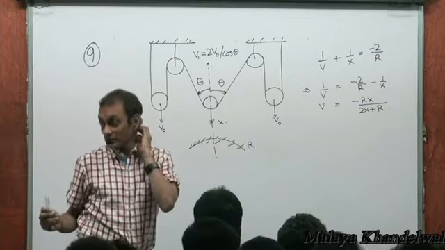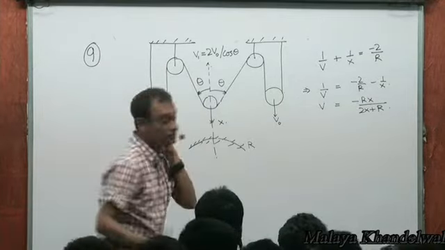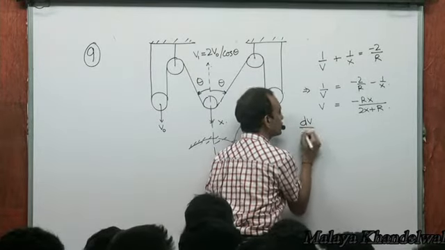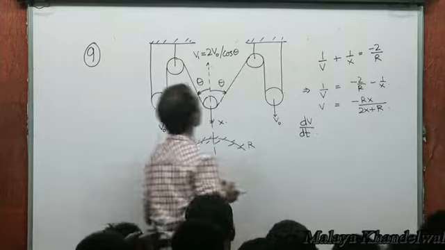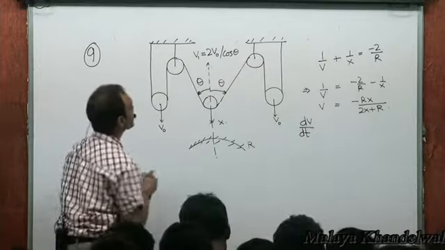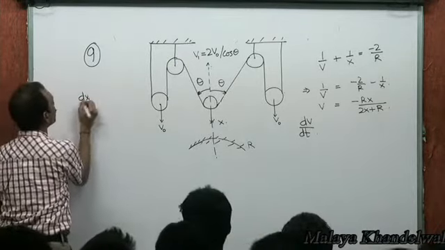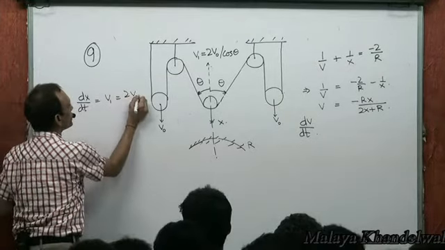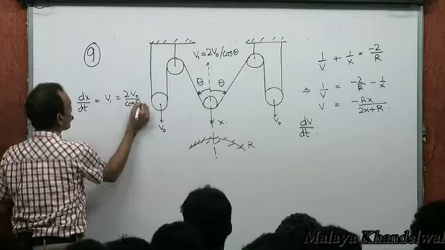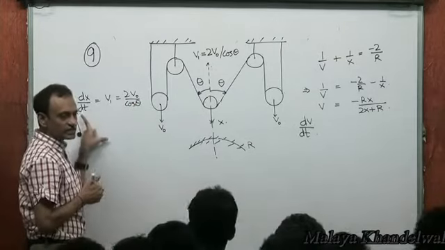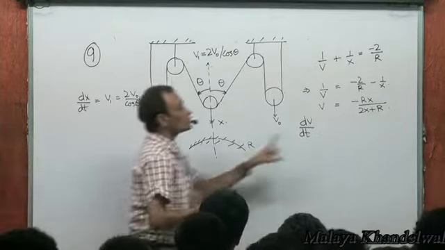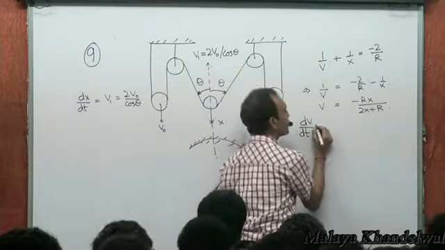So, dv dt is what we are seeking. And do you realize that dx dt is v1, which is 2v naught by cos theta? Velocity of the object, dx dt. Clear? So let me differentiate this with respect to time.